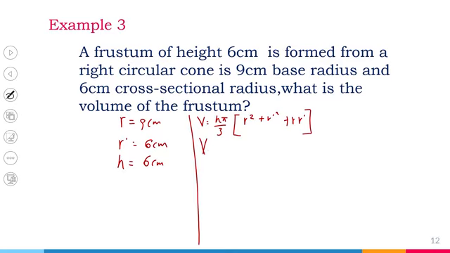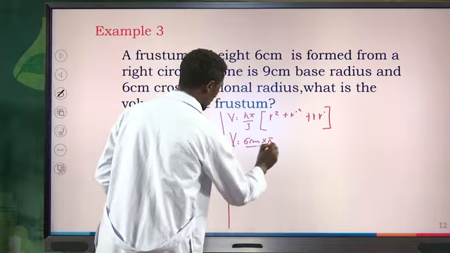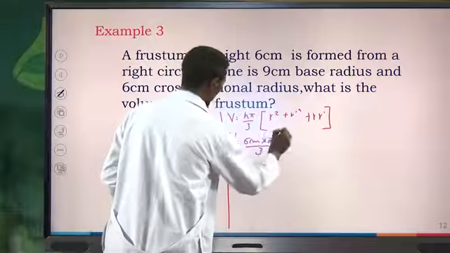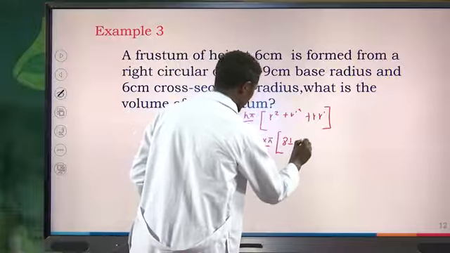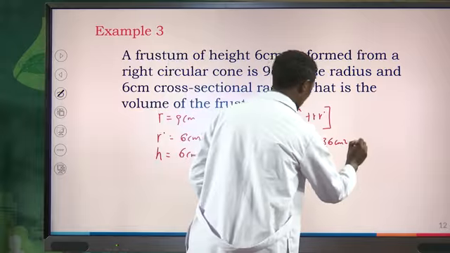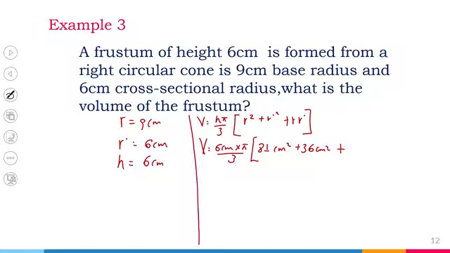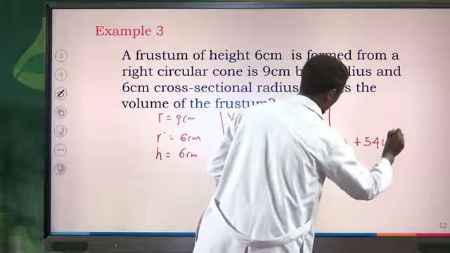So V equals h, the height of the frustum, 6 cm, times pi over 3, times (r squared, that is 81 square centimeters, plus r prime squared, 36 square centimeters, plus 9 times 6, that is 54 square centimeters).